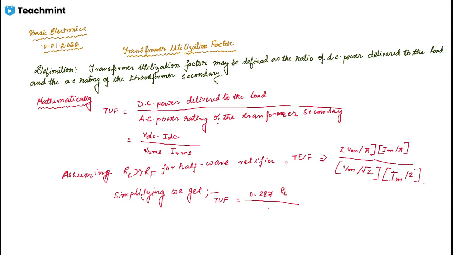Sorry, 2 root 2 by pi square. Solving, we get TUF equals 2 root 2 by pi square. After solving this, we get 0.287, that is equal to 28.7%.